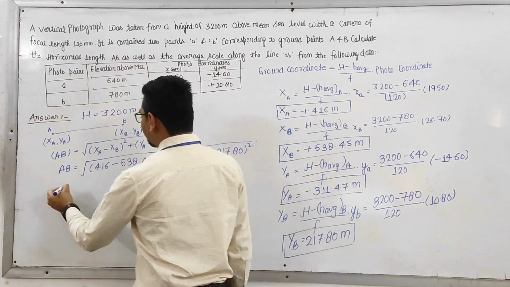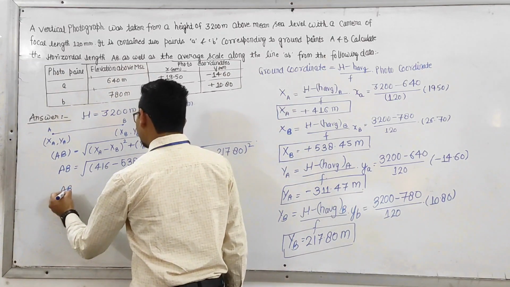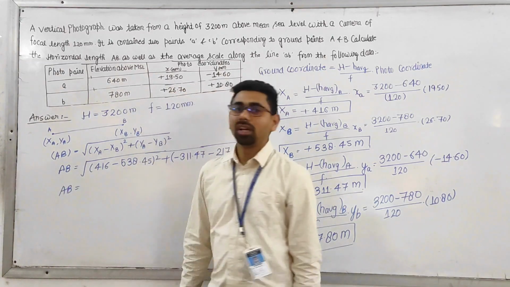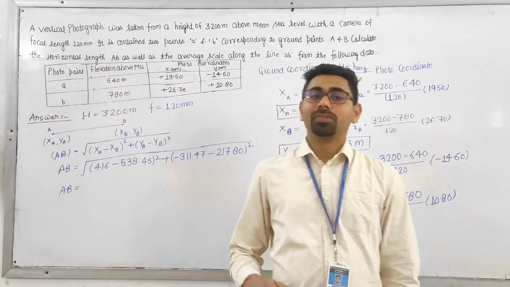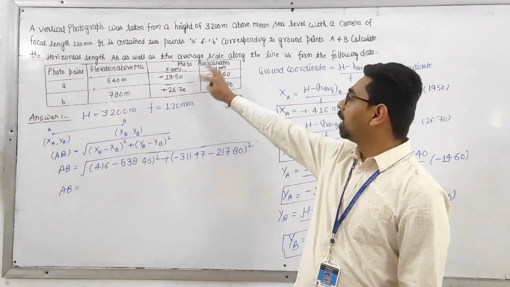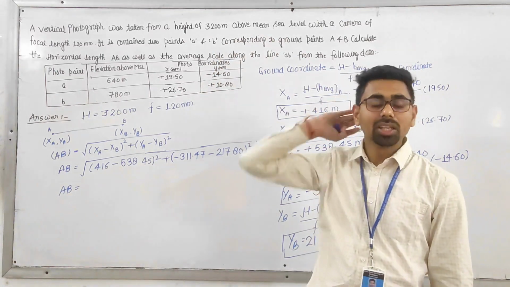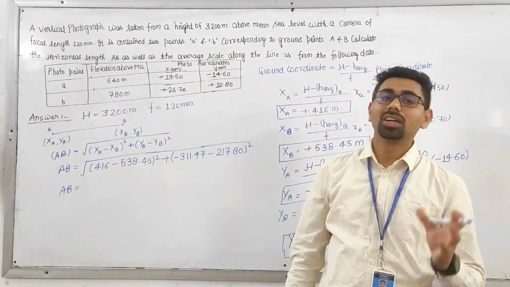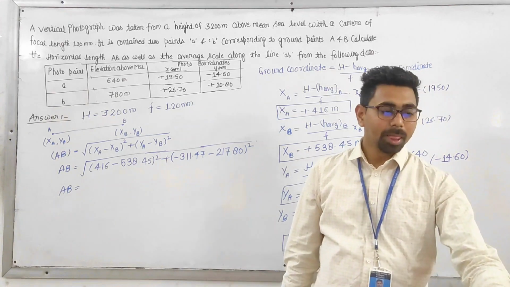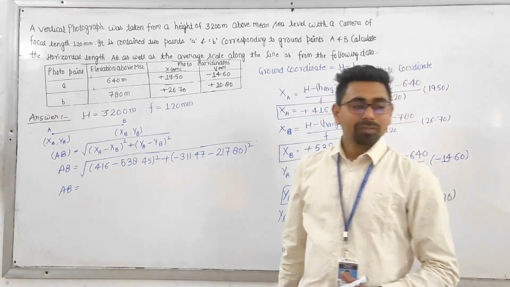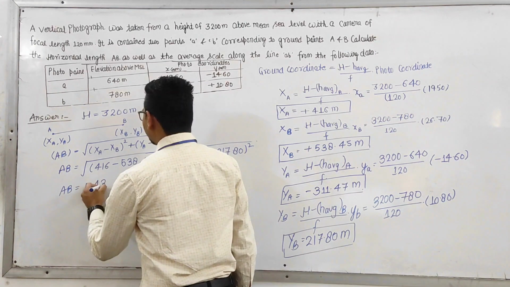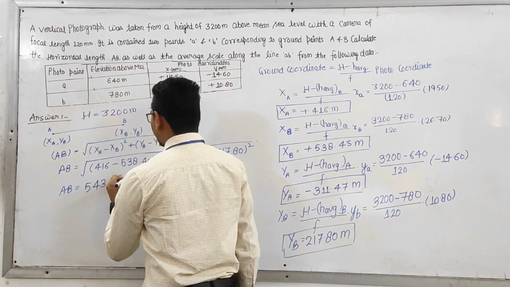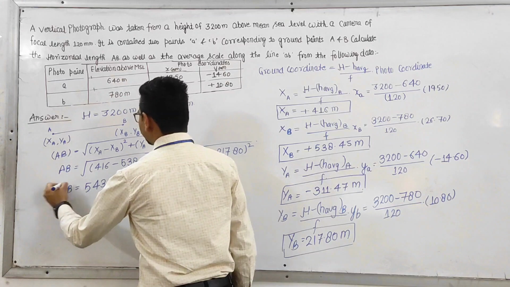If we calculate this value, we get the length on the ground of the vertical photograph. The ground distance will be 543.25 meter.